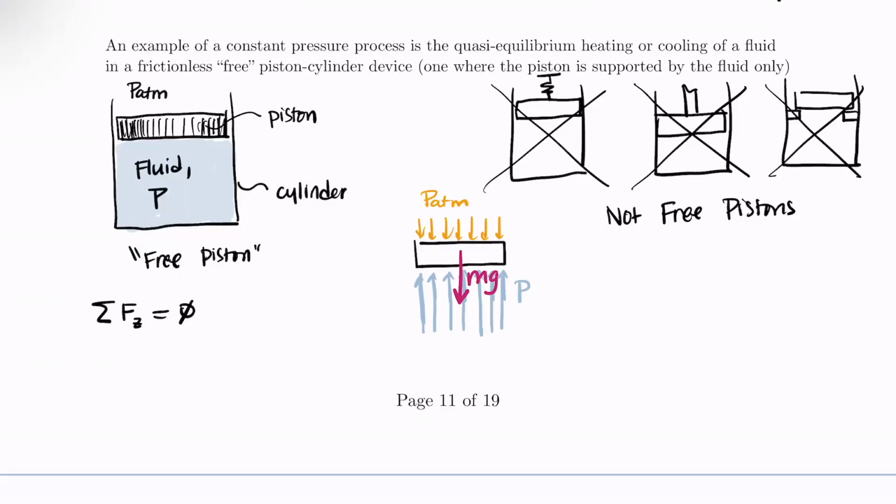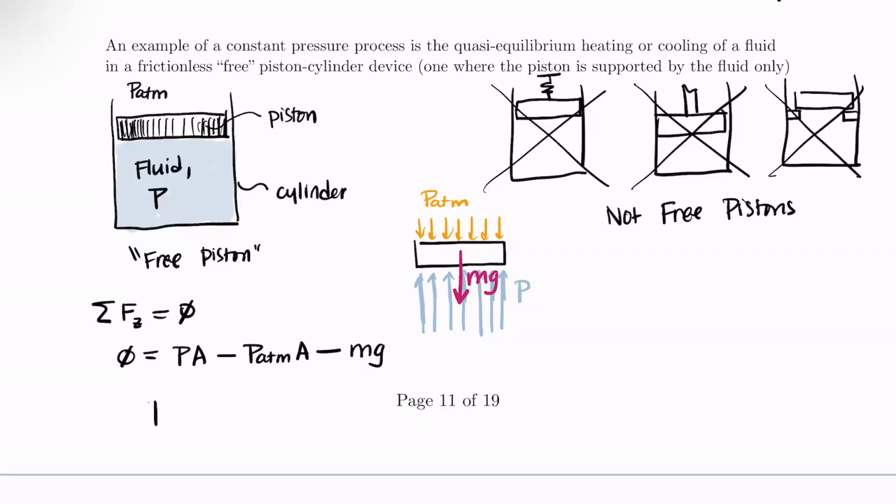It's in a quasi-equilibrium, so there's no net force on this piston. Otherwise, it would be accelerating one way or the other. All right, so our sum of forces is equal to 0, and it is the pressure times the area of the cylinder, or I'm sorry, of the piston pointing up, minus atmospheric pressure times the area that points down. And then we have mass times gravity.